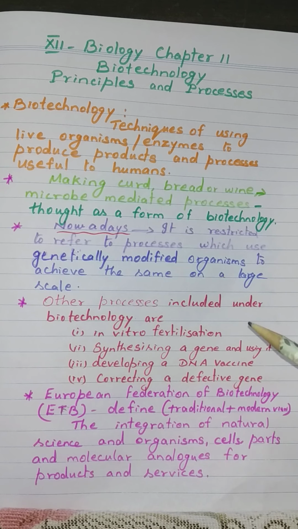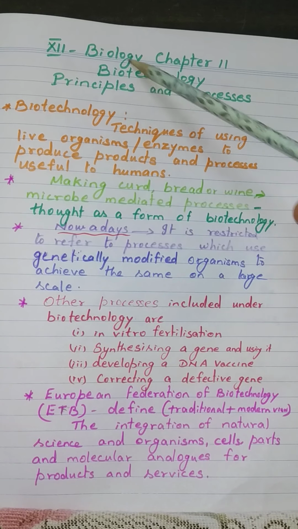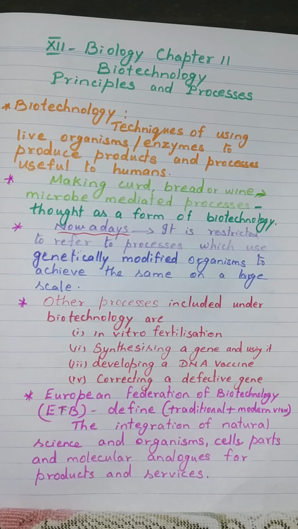All these antibiotics, vaccines and enzymes are produced on a large scale by using living organisms, by using prokaryotic cells. That technique is known as biotechnology. Biotechnology is a technology that uses living organisms. That's why it is called biotechnology.